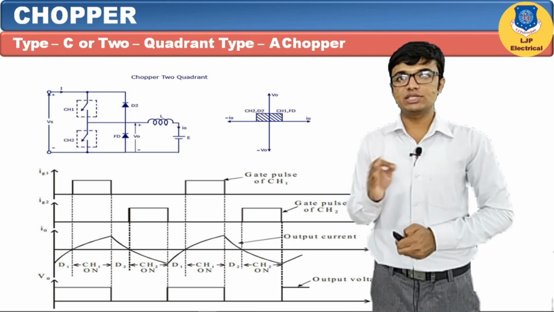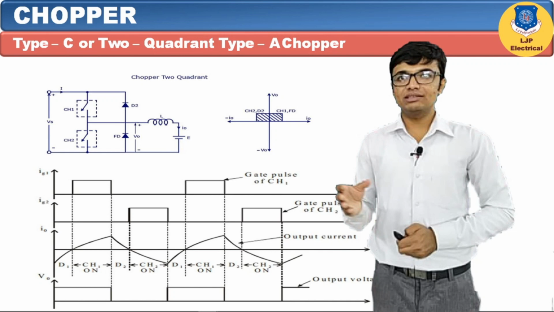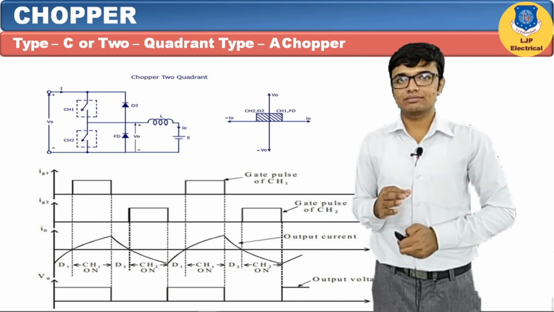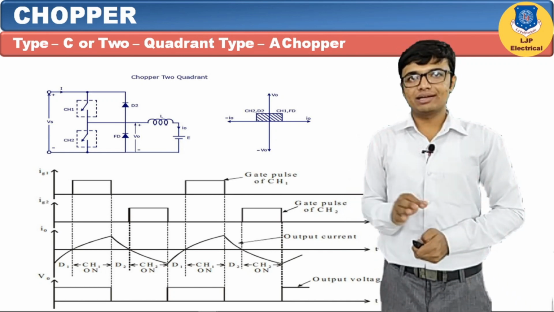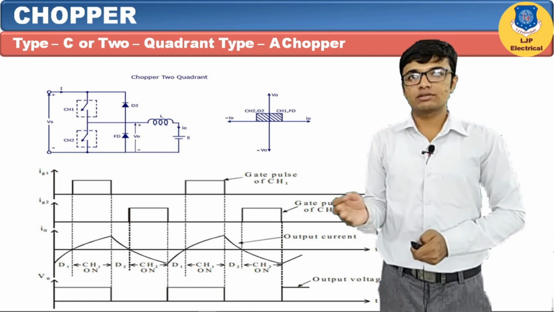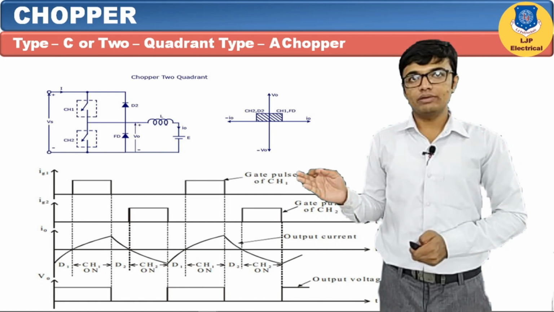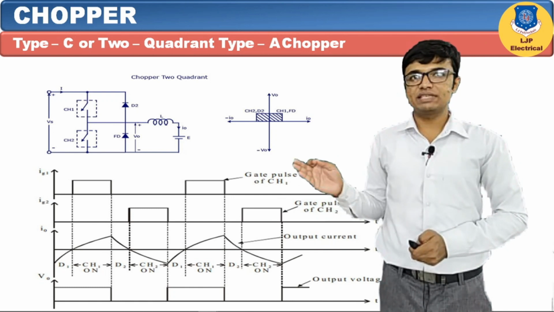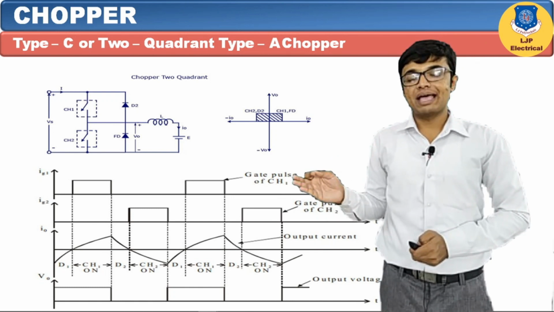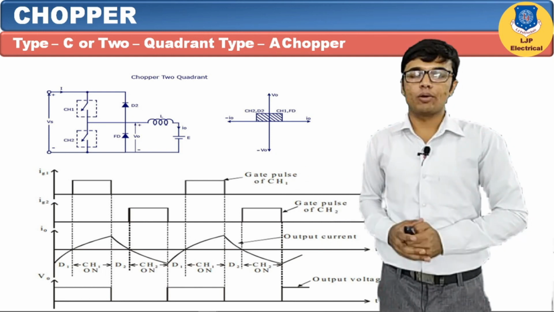Now if we turn on the switch 2 and we operate the motor as a generator, then the current will flow from the load EMF through the inductor and the switch 2, and the switch will be parallel to the load and the output voltage will be 0.